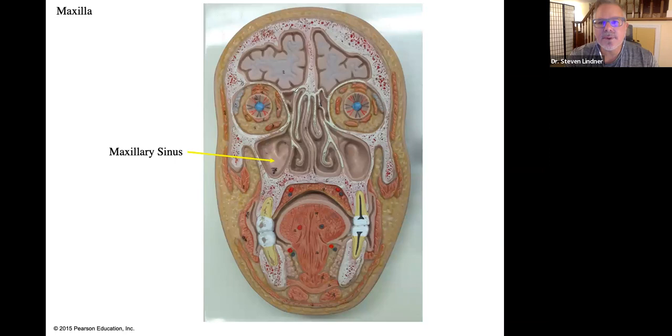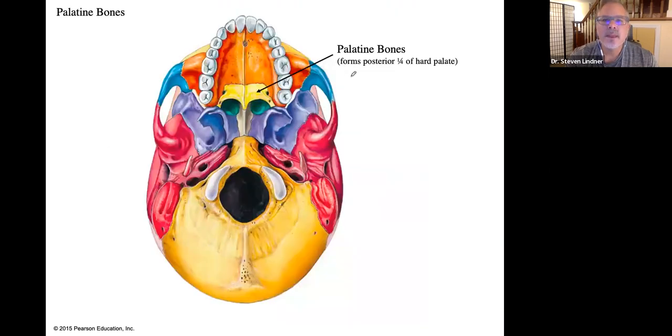Okay, we know that this was the ethmoid sinus, and then here is the maxillary sinus, and then up here were the frontal sinuses. And here's the palatine bone, which is the posterior quarter of the hard palate.